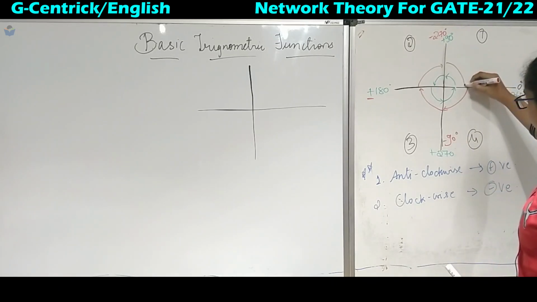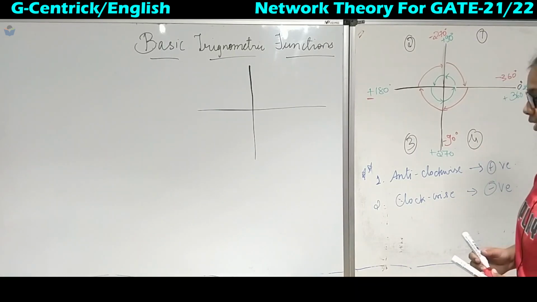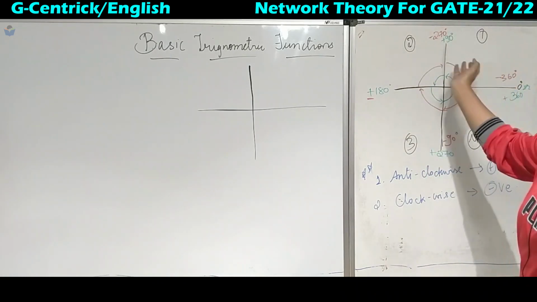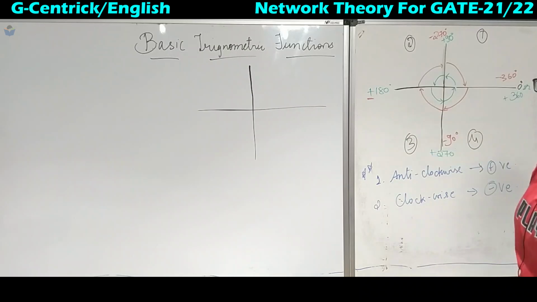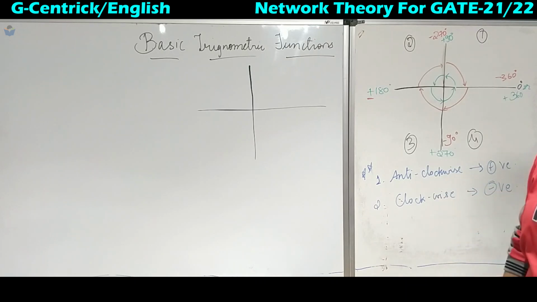Again if I move forward I will get minus 360 degrees. Okay, so basically if you move in the clockwise direction it is negative, and if you move in the anti-clockwise direction it is positive. This is the universally accepted sign convention.